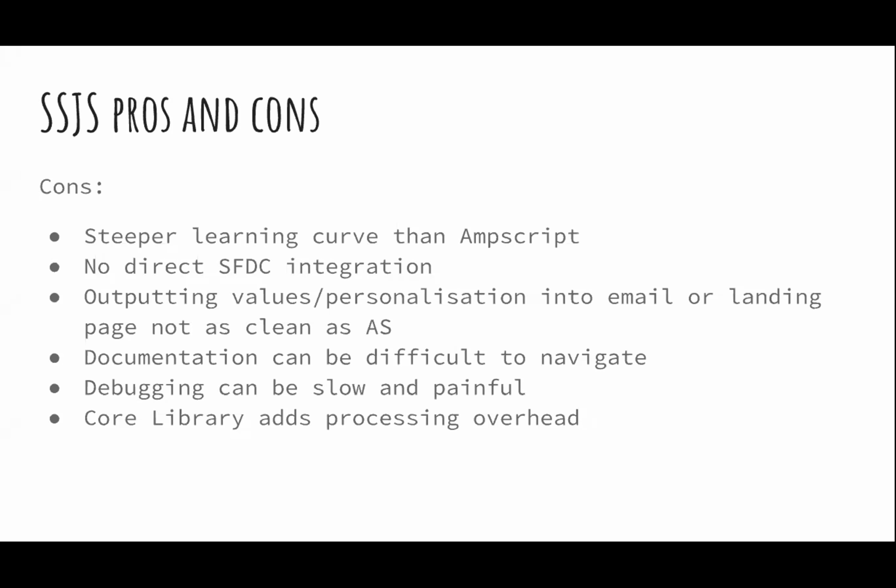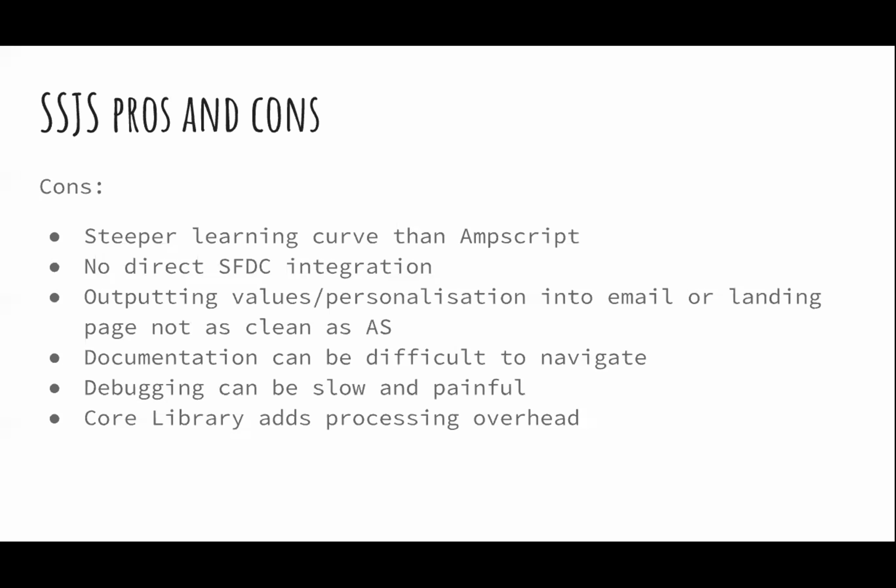AMPscript does have that, which is cool, but SSJS doesn't. Outputting values, so personalization into emails and landing pages, isn't as clean as it is in AMPscript. It's neater and simpler in AMPscript; a basic lookup function and outputting something to the screen is easier there.